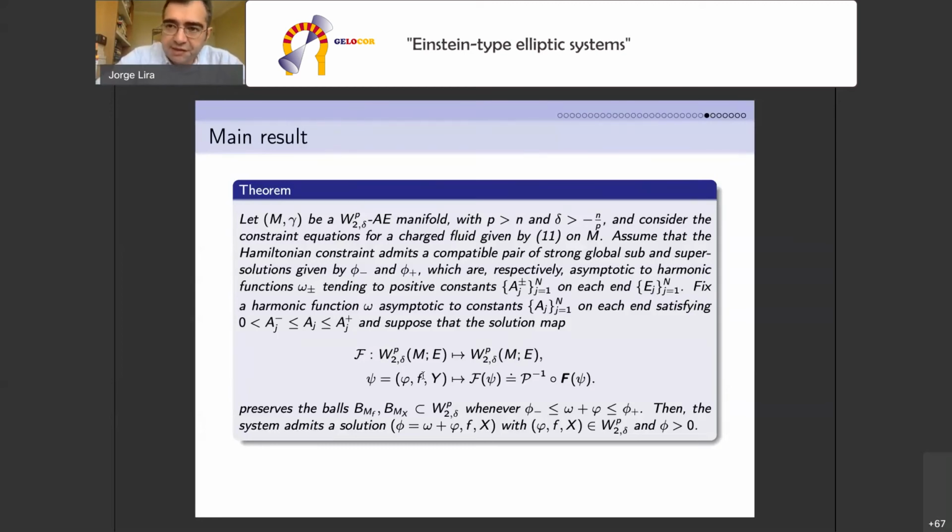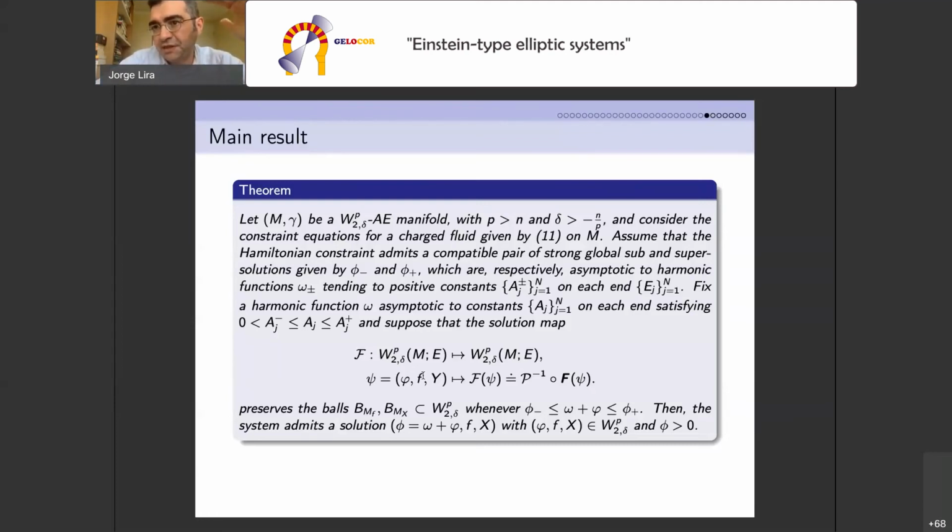Besides that, these sub and super solutions are strong in the sense that at each iteration in this fixed point argument, you find approximations for this conformal factor that always lie between the sub and super solutions.